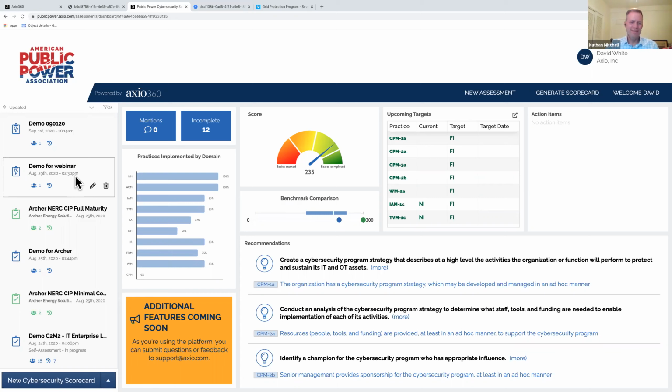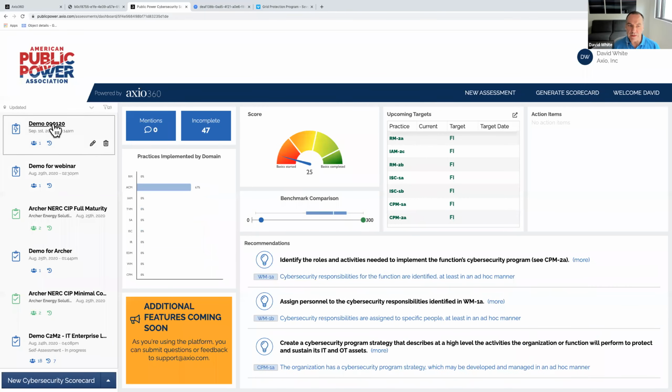Great. Thanks, Nathan. So this demo with today's date, demo 09/01/20, is the scorecard that we created in the earlier segment. And so I'm going to reopen this, and to reopen, remember your assessments are going to show up here in this left panel on your dashboard, and you can reopen any assessment by clicking on its name.